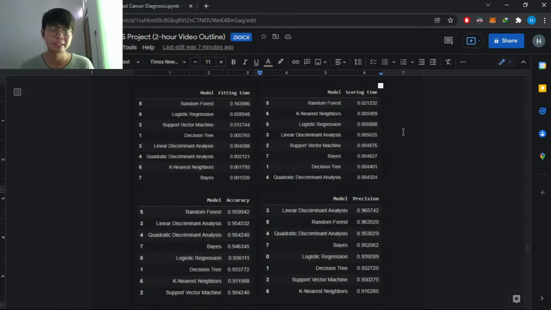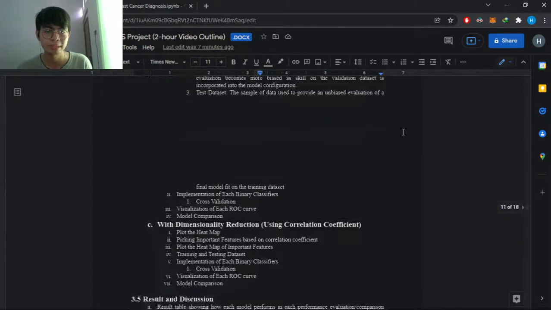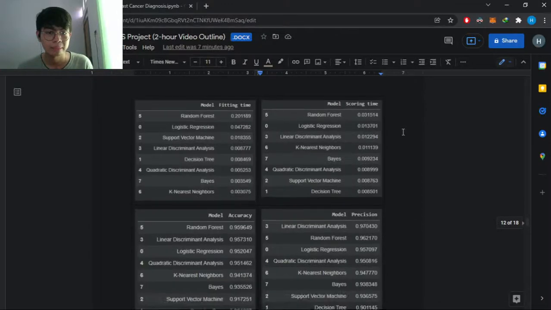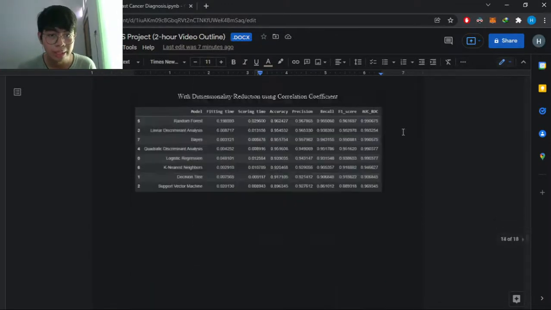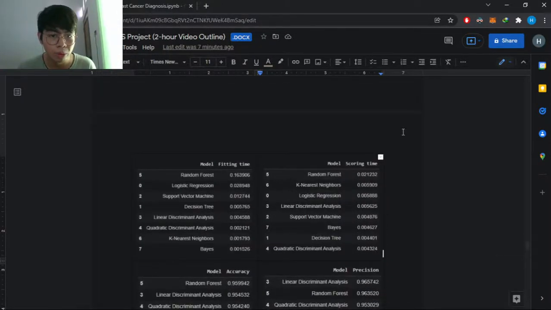And this really tells us that when dimensionality reduction is applied, it is still computationally expensive, and even more so, I suppose, looking at the multipliers here. For example, previously for fitting time, it was only about four times, but now it is more than five times, right?